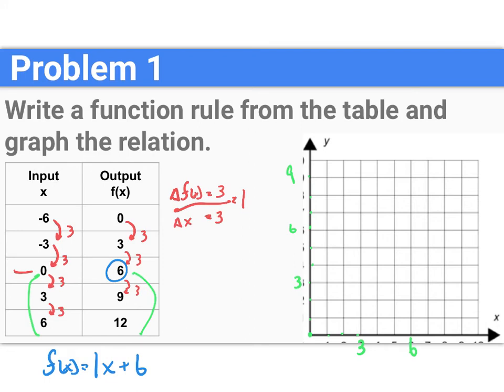Since it doesn't always work out neatly, you can always change your axes. You can make the numbers and the lines anything you want on your axes. So if I use this spacing, I would only be able to plot 2 points, (0, 6) and (3, 9). And my line would look like this. I could shrink the things down.